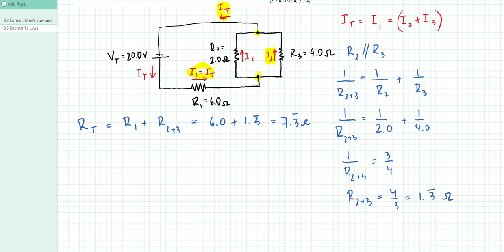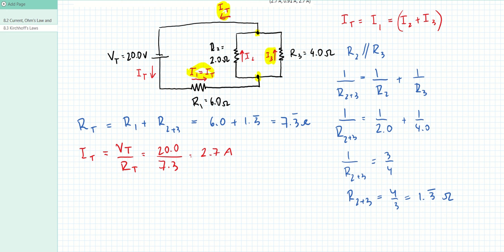That's going to be our total resistance. Once you know your total resistance, we can find the total current using Ohm's law. So we can say that the total current is going to be the total voltage over the total resistance. Now the voltage is already given. V total is 20 volts, so 20 divided by 7.3 is going to give us the total current, which is going to be 2.7 amps.